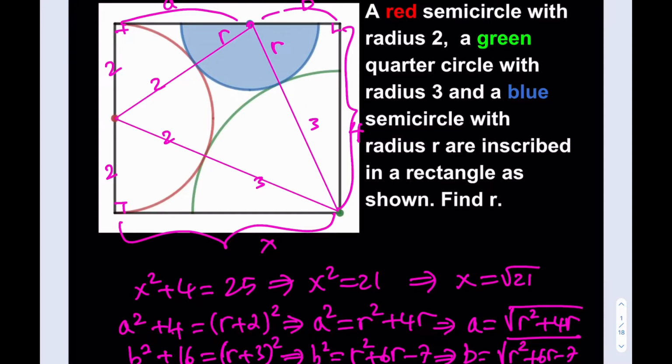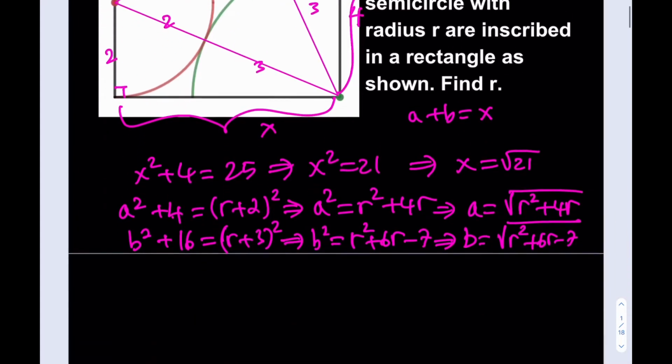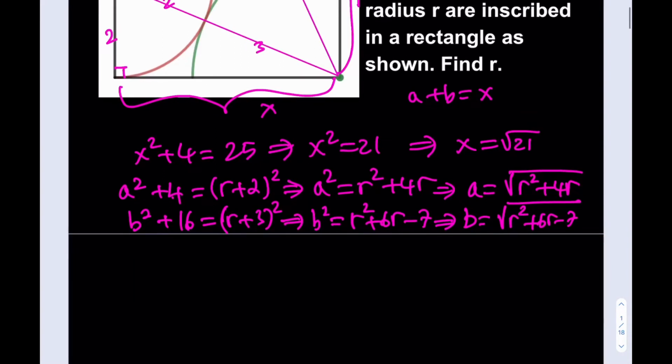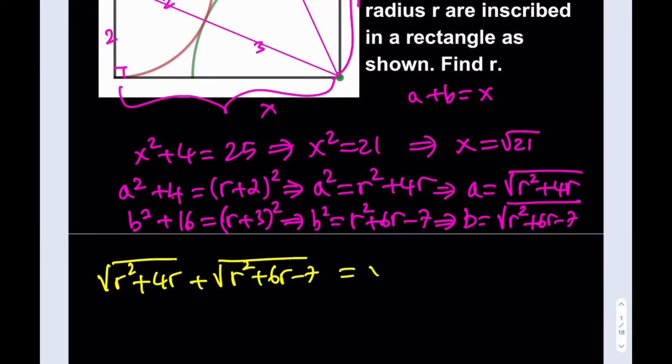So I was able to find the values of a and b, and I can use the fact that a plus b is actually x, because this is a rectangle. So I can add a and b and set it equal to, let me change the color, a plus b is going to be x, which is the square root of 21.